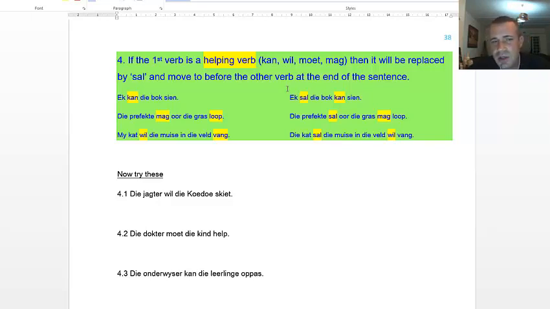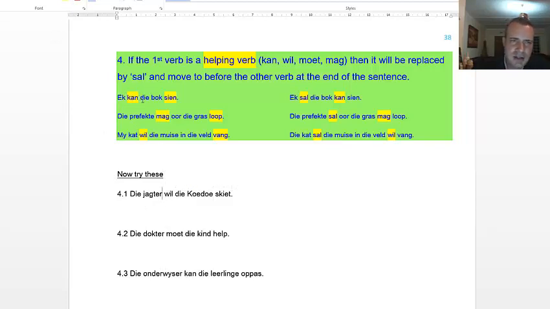Alright, we also learned the meaning of the helping verbs. So they help another verb at the end of a sentence. Okay, so what do we do with this thing? So let's just write. Ek kan die bok sien.